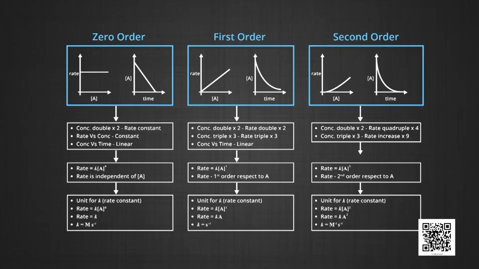In this module, we have learnt about the integrated forms of the rate law equations for the zero and the first order reaction. A reaction with the zero order means that the rate of the reaction is proportional to the zero power of the concentration of the reactants.